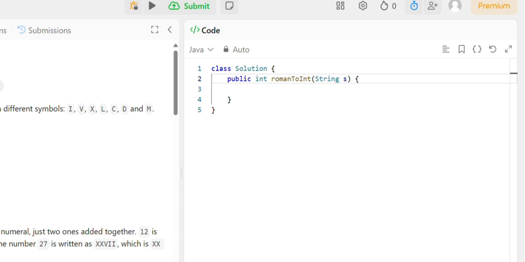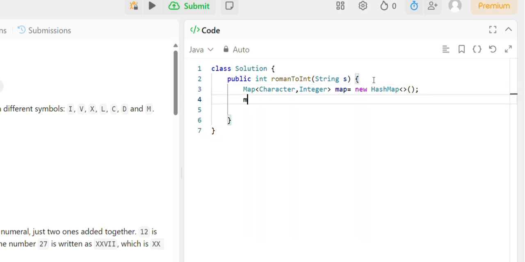First we need to map all the symbols and values, so I am taking a hash map. I am writing Map of Character, Integer, and map is equal to new HashMap.